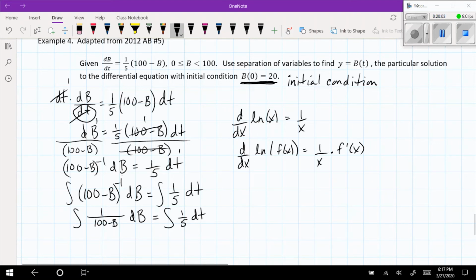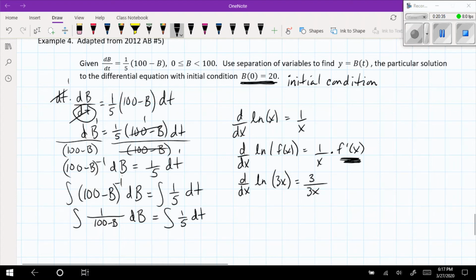So, for example, if I told you to take the derivative with respect to x of the natural log of 3x, then it would give you 1/3x times the derivative of 3x, which is just 3. And many of you are really used to just not even putting the times 3 on the side. You just put the 3 right on top and then simplify. So this is true. We've got to multiply by that derivative. That's the chain rule right here.